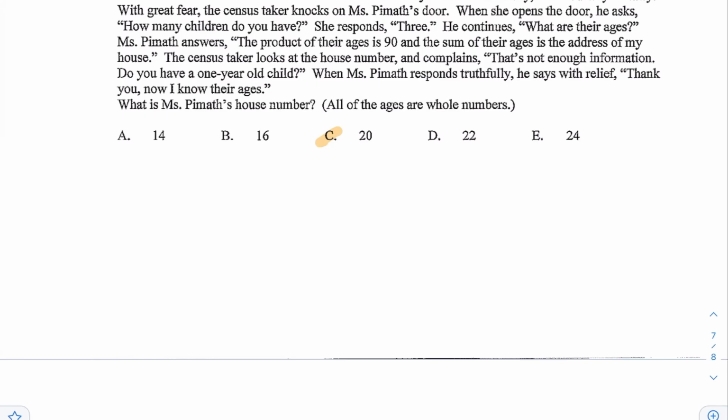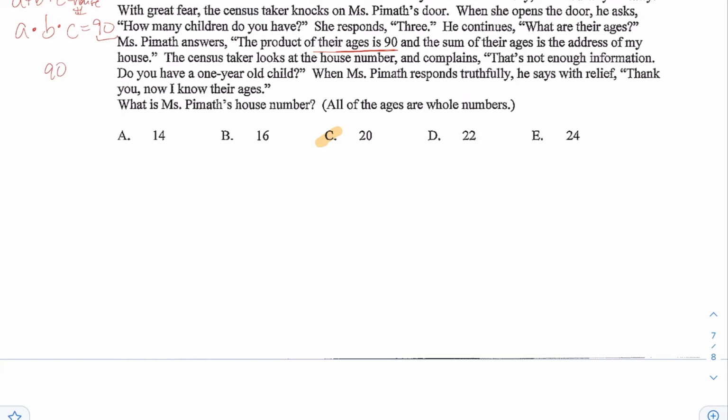So for the census taker problem or riddle or whatever you want to call it, here you have a product of the ages is 90. So you don't know the children. So you can have A times B times C is equal to 90. And the sum is the address. So A plus B plus C equals the house number. Now, because the product is equal to 90, you need to know the factors of 90.